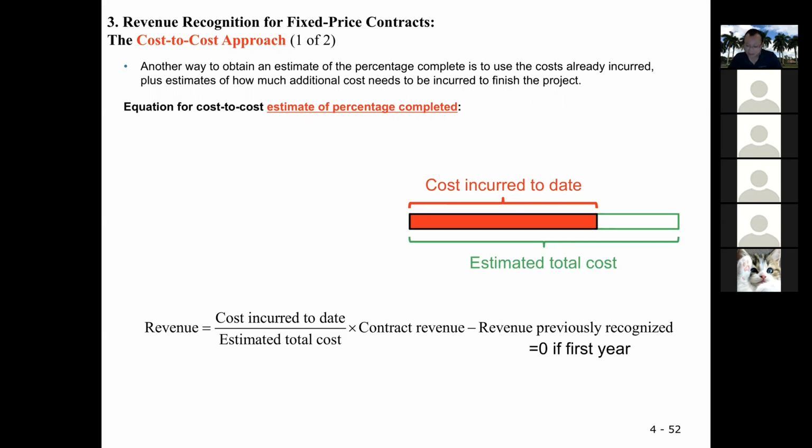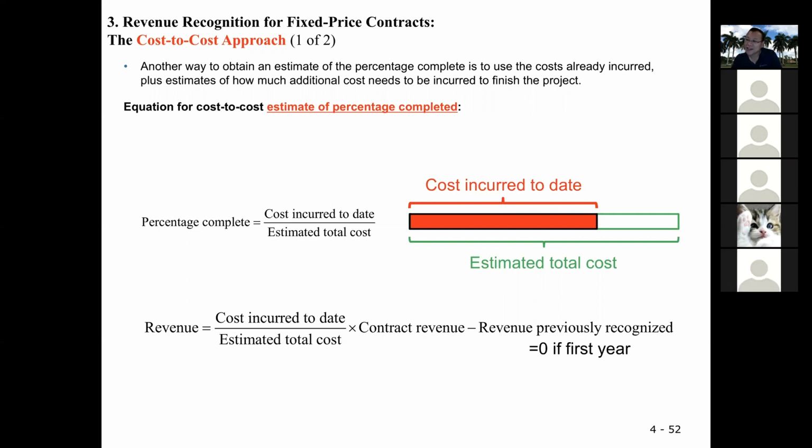Does that make sense? So I'm using cost. If this project is going to cost me $1 million, and so far I have spent $600,000, so up to this point I have spent in total $600,000 cost, and the total expected cost of this project is $1 million, what's my percentage of completion?